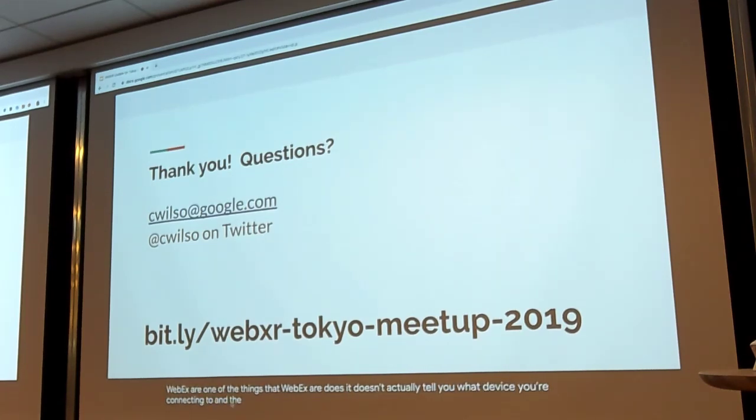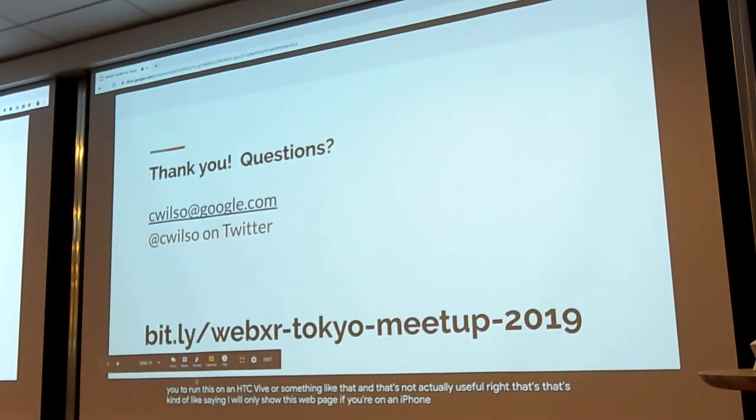And the reason is because a lot of developers were explicitly saying, I want you to run this on an HTC Vive or something like that. And that's not actually useful, right? That's kind of like saying, I will only show this web page if you're on an iPhone. Not really the experience you want to offer your users.